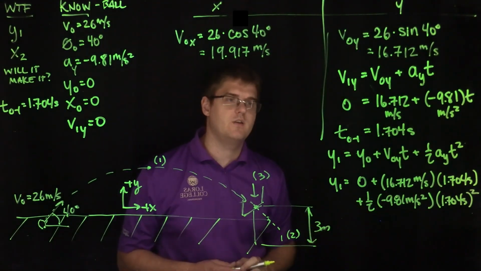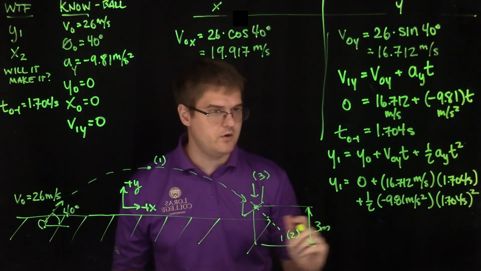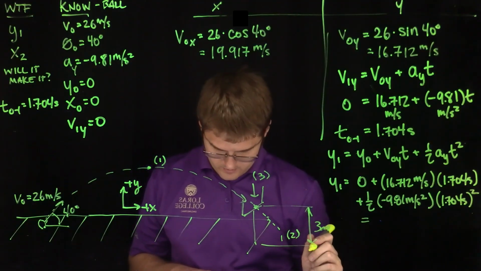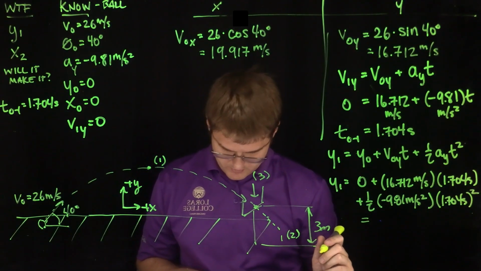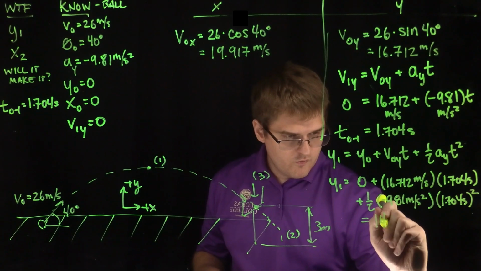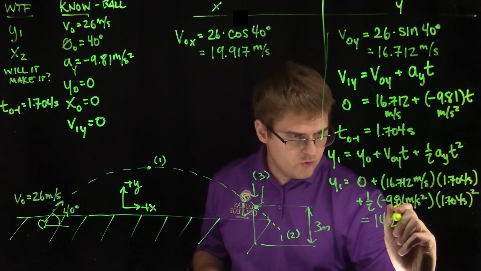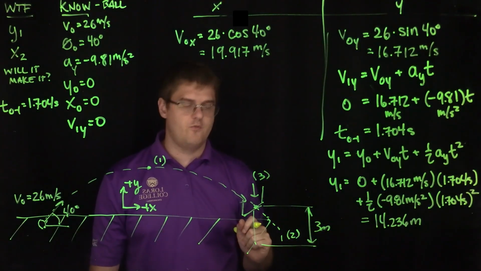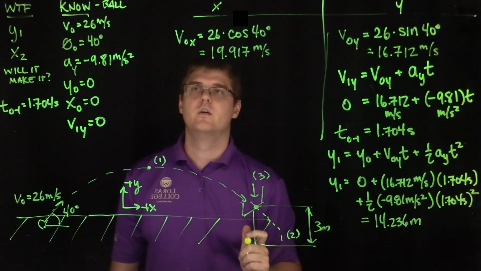Meters per second squared times seconds squared comes out to meters. And I can find that my final height, y1, comes out to be 14.236 meters. So it is going up 14 meters in the air.